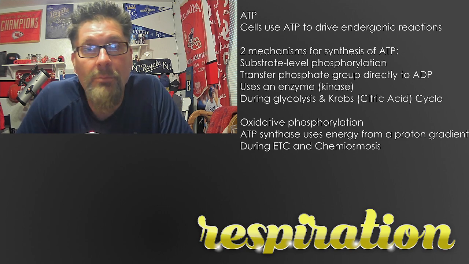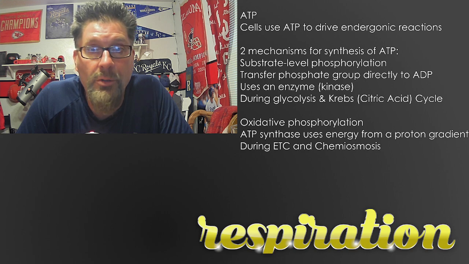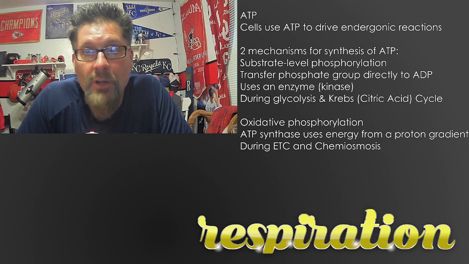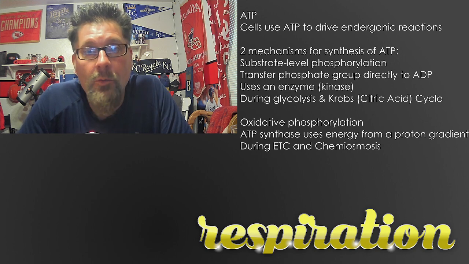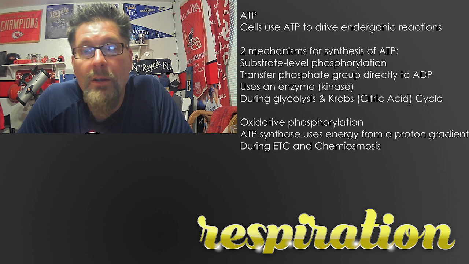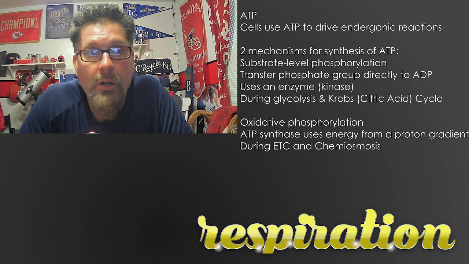But the idea is to make sure you understand the difference between the two. In substrate level, the ATPs are made straight from the energy released when glucose is broken down. In oxidative, the ATPs are made as the H's go through the protein pumps.